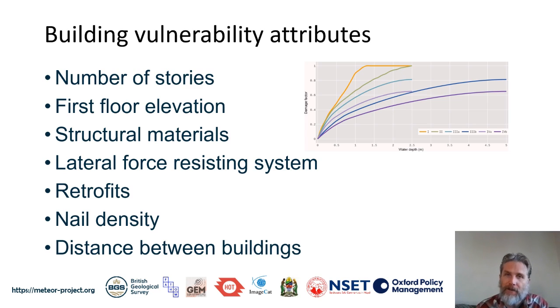So if you look here in the upper right, we have, it looks like, 6 damage functions related to flooding. On the axis, this is the water depth estimated in meters.